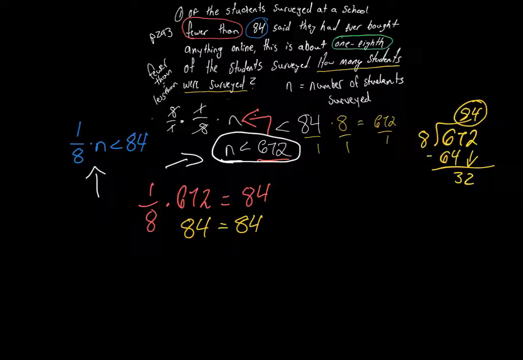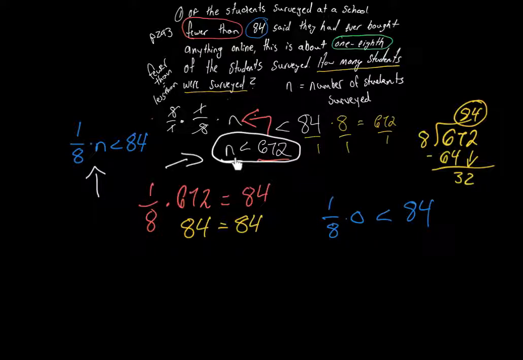So I'm going to choose 0 because 0 is really easy and it's less than 672. Here's my check. 1/8 times 0 is less than 84. Again, all I've done is I've taken this inequality, moved it over here, and chosen a number for n that's less than 672.